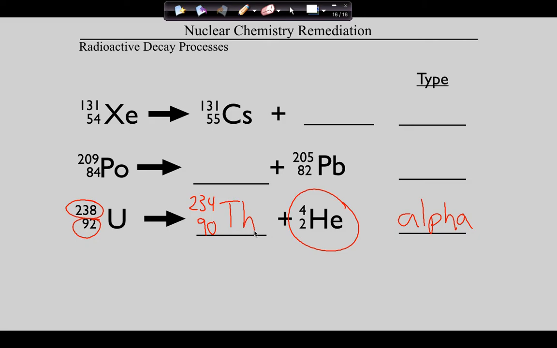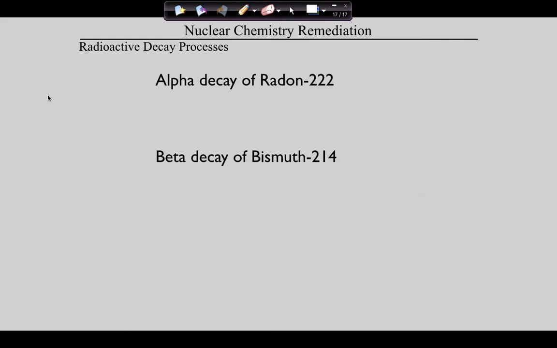So if you don't yet have your periodic table out, I would encourage you to grab it and check and make sure that you see that element number 90 is thorium, and that would be the product of that alpha decay. So we can see these like this, but another way that we've seen these alpha and beta decays represented are where they give us not even the formulas of the starting particles.